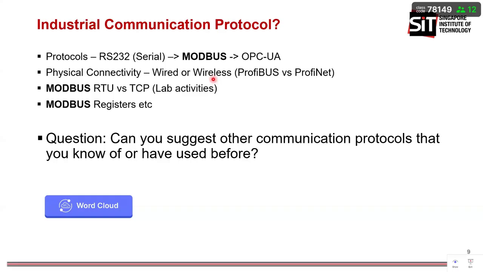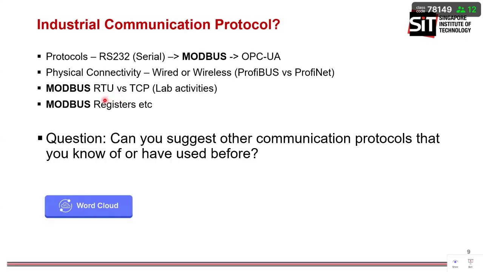Just like your handphone, when you reach home, you will connect to your home Wi-Fi, and all these communications are wireless. We will be looking at wired and wireless for the Modbus protocol in the lab, and this is where we talk about the use of RTU, representing wired, versus TCP, referring to the wireless mode of communication.